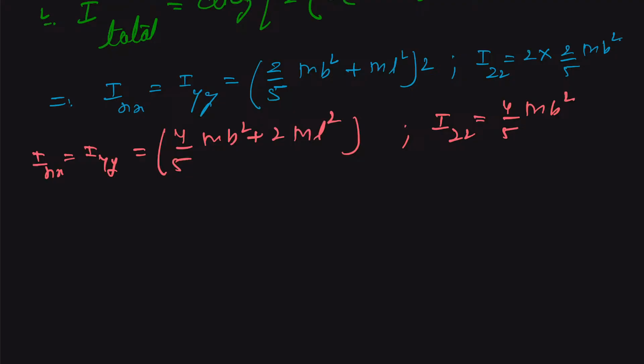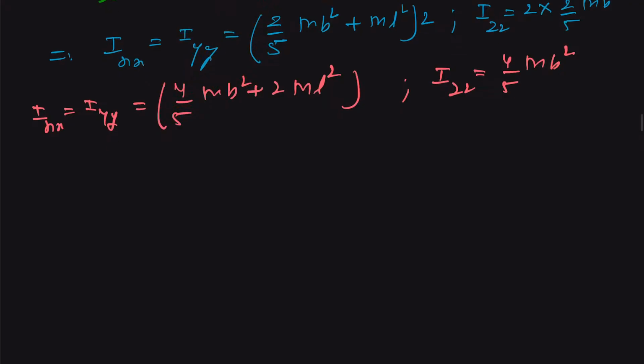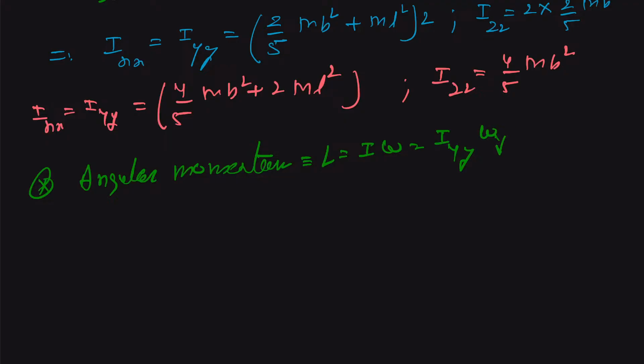We know that our angular momentum L is I times omega, and in terms of the respective axes we can write this as Iy ωy j unit plus Iz ωz k unit.